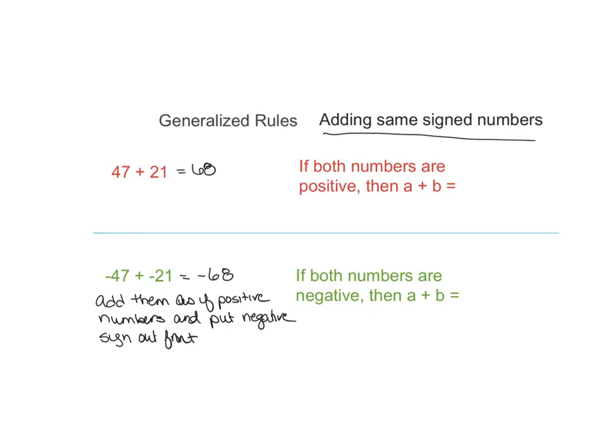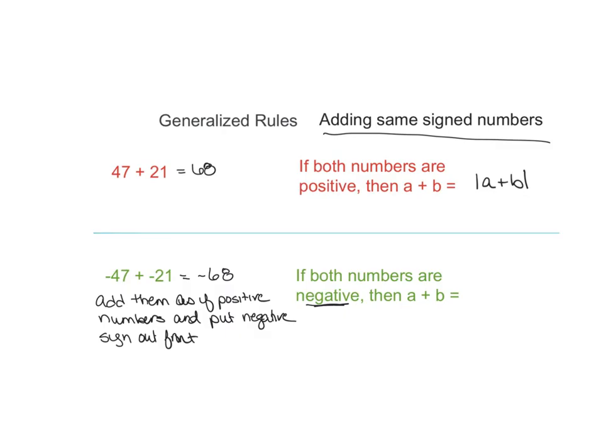So again, if I'm adding the same size numbers, well, if they're both positive, then A plus B, where A and B are positive, is the same as just the absolute value of A plus the absolute value of B. Adding two positive numbers is going to give me a positive number. So now let's look at the notation as if they were both negative.